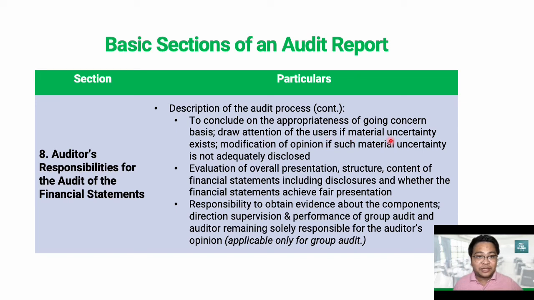Now, if there is material uncertainty existing related to the operations of the entity, we have to modify our opinion in case those material uncertainties are not adequately disclosed in the financial statements. We also include evaluation of the overall presentation, structure, and content of the financial statements, including disclosures, and whether the financial statements achieve fair presentation.